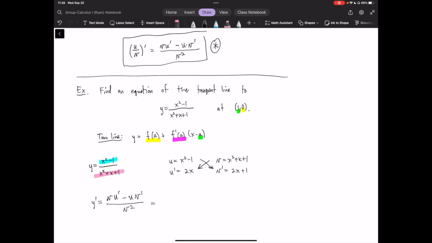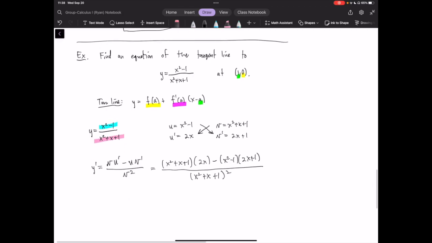Okay, so if we put this all together, we have our v, x squared plus x plus 1, times u prime, 2x, minus u, x squared minus 1, times v prime, 2x plus 1, all divided by v squared, x squared plus x plus 1, quantity squared.